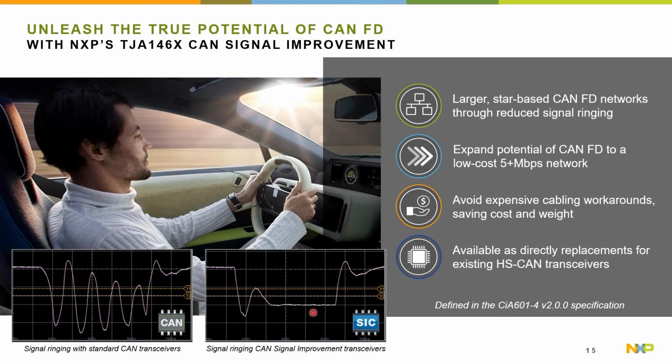Whereas the CAN SiC part has active signal improvement and really settles out the signal very quickly. So this can either extend the speed of your current network or let you do some new things. Now, the nice thing is they're direct replacements for other existing high-speed CAN transceivers, so CAN FD transceivers.